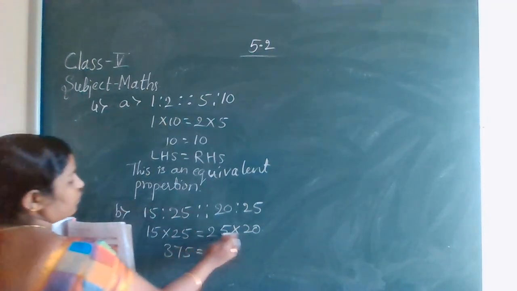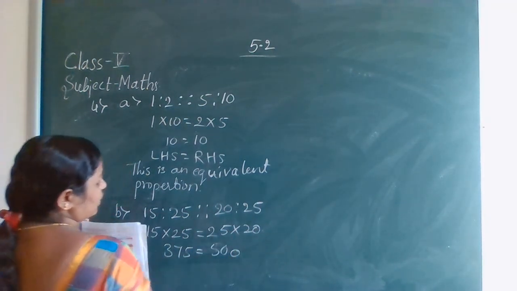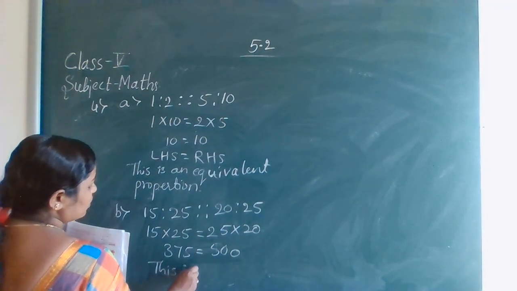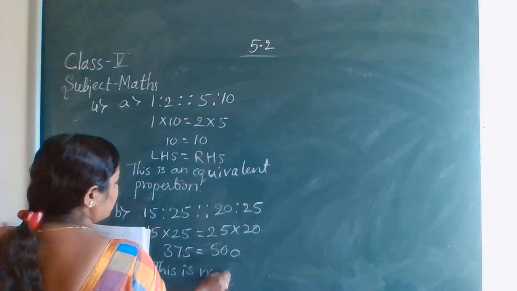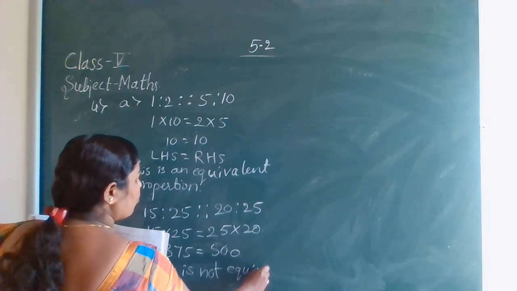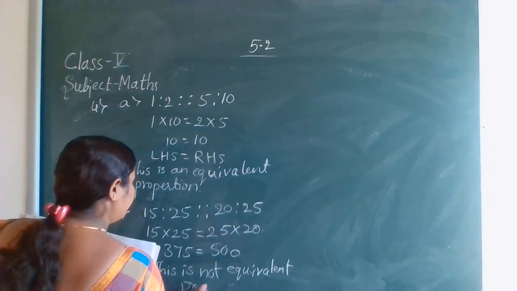Now 25 zeros are 0, 25 twos are 50. So this is not an equivalent proportion.